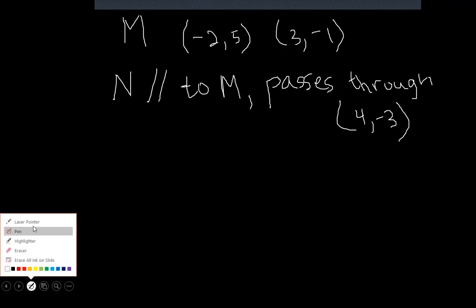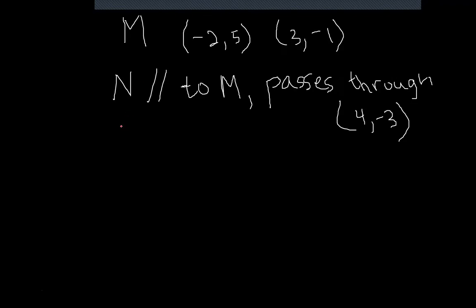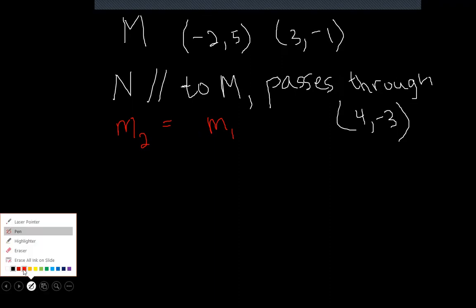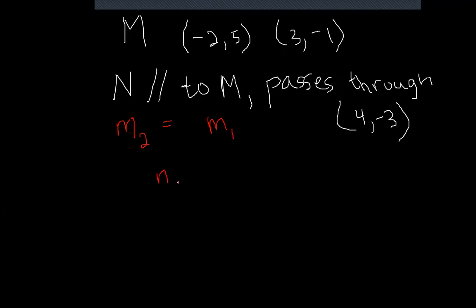Like I said, good thing to write down all the information that they give you before you even attempt the question. If n is parallel to m, that means that their gradients should be equal, should be the same. So I'm going to name this m2, and I would name this m1. First thing we need to do, find m1. Somebody remind me, what's the formula to find a gradient again? y2 minus y1 over x2 minus x1.